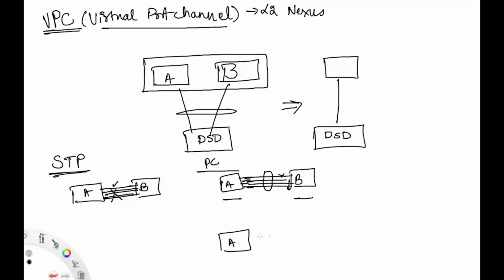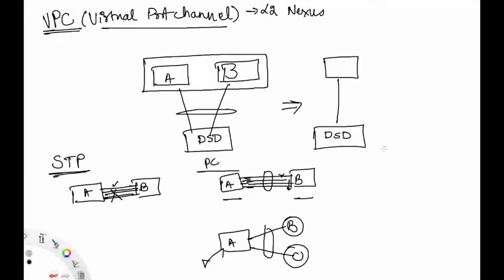I cannot have a scenario where I have A, B, and C, where A is connected to both B and C, and I have a port channel connection like this. This is not supported in a traditional port channel environment, right? So the limitation of port channel is that you can only aggregate links into a single bundle as long as it is connected to one other device, not to multiple devices like this.